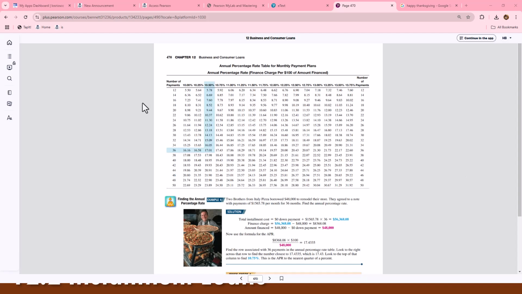In question 14, where we're calculating $7.14 with 12 payments, we work across the row until we find the closest thing to 7.14, and that is 7.18. So we know it's 13%.